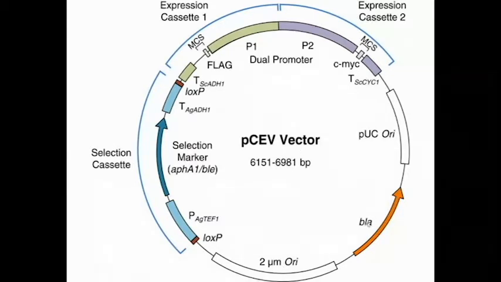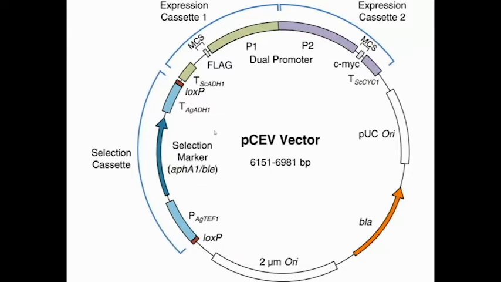And BLA here, that's the ampicillin resistance gene. And this is for the selection of the bacteria cell, and it can also be used for the yeast cell, but there's another selectable marker, a selection cassette here, that can be used.